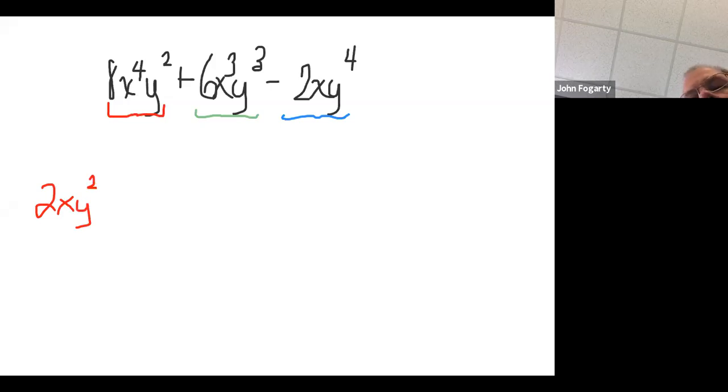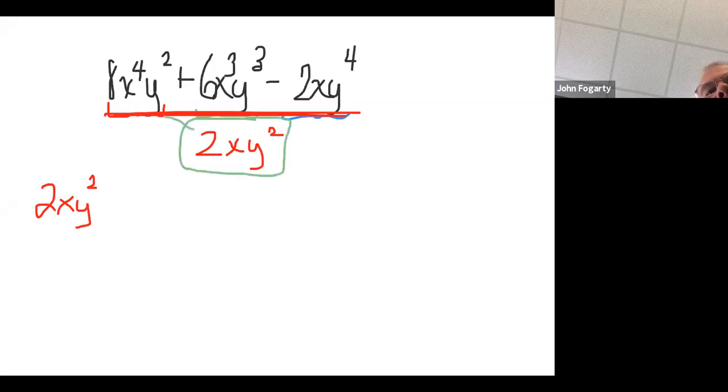Now, I'm simply going to take that GCF and divide the polynomial by that. And when you divide a polynomial by a monomial, you take the monomial and put it into each term. And if you have to, don't be afraid to write each little individual problem out.